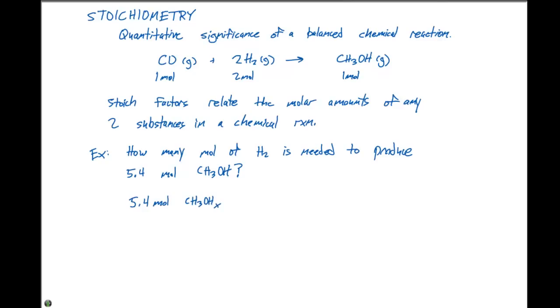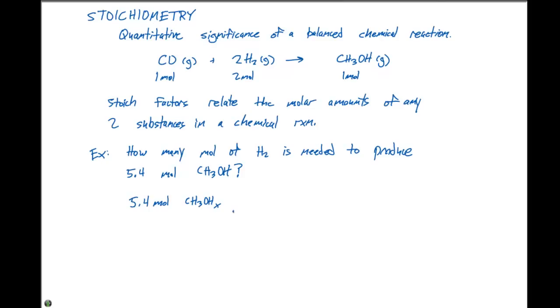That's our given unit. We're going to use dimensional analysis to figure out how many moles of hydrogen are needed to produce this. So if we have 5.4 moles of CH3OH, we now need to go back up and look at the coefficients in the balanced chemical equation. And like we said, stoichiometric factors relate the molar amounts of any two substances in a chemical reaction.